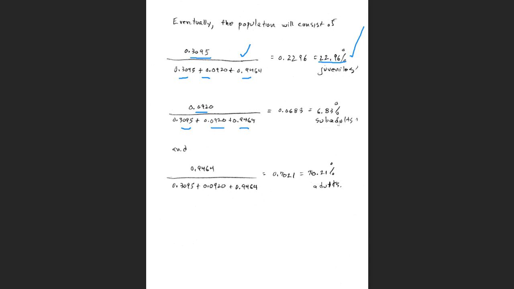If you change the entries to different numbers, the entries still have to be in proportion to each other. So by doing this, you can figure out everything you need. Eventually, there will be 6.83% subadults in the population, and eventually 70.21% adults in the population.